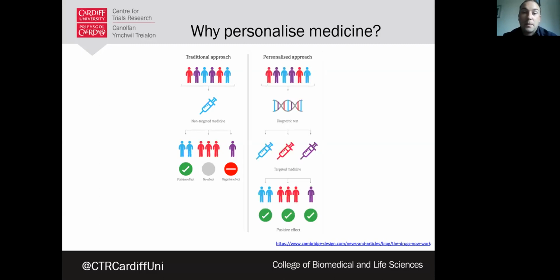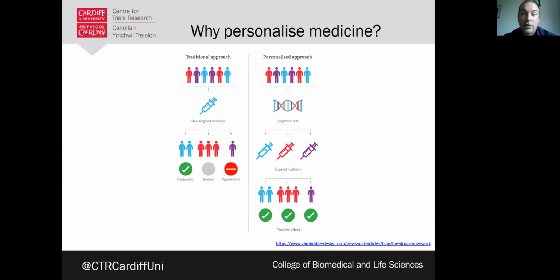So therefore, personalized approach to medicine introduces another step, and this additional step is a screening test. So before we decide which treatment to recommend for a specific individual, what we do is screen them, which might be a biomarker test, a blood test, gene test, and then we stratify our treatment options based on the results of that screening test.